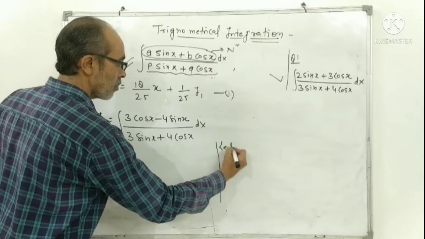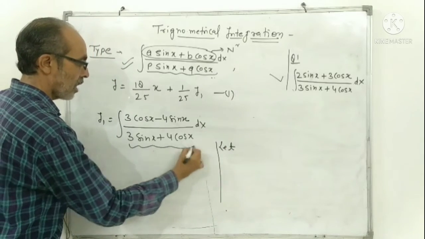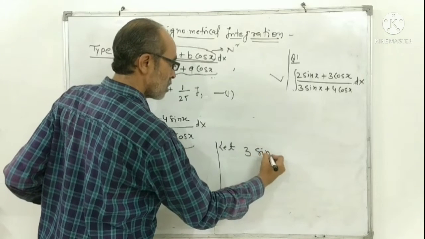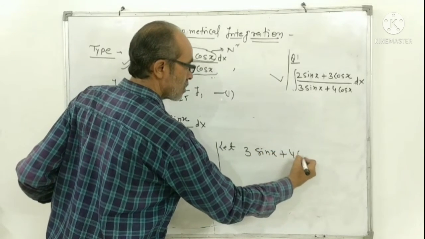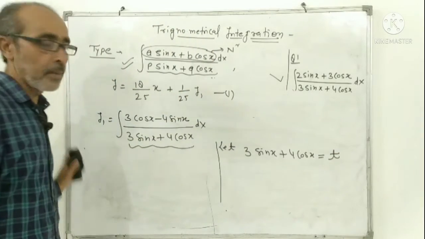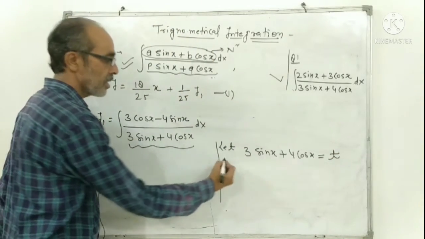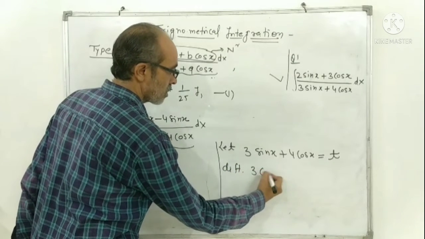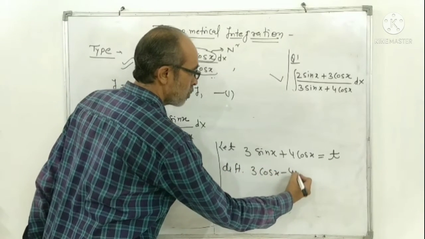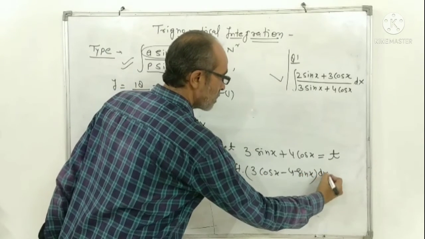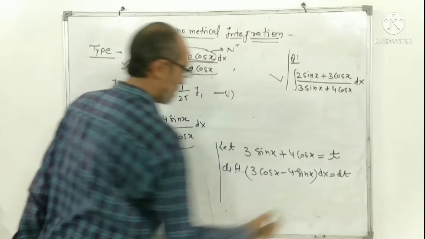Let the denominator 3 sin x plus 4 cos x be equal to a new variable t, and after differentiating, 3 cos x minus 4 sin x dx is equal to dt.